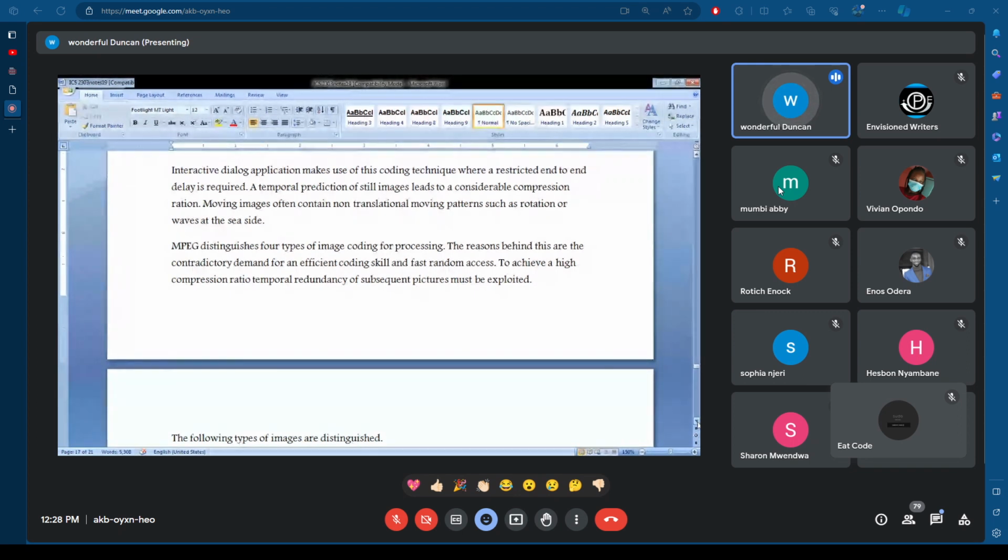The reasons behind this are the contradictory demands for efficient coding and fast random access.